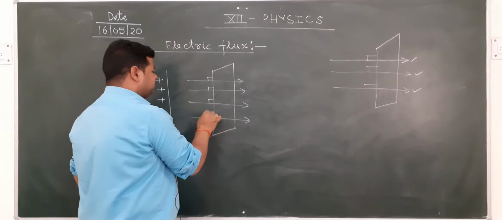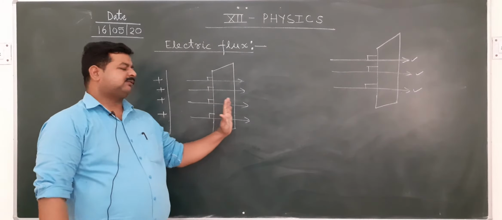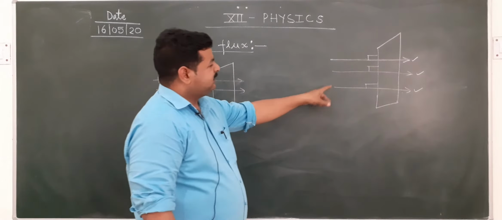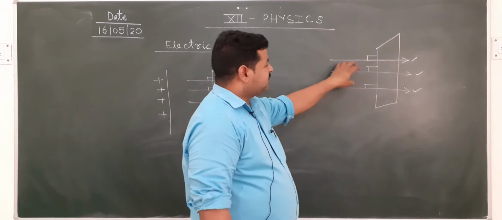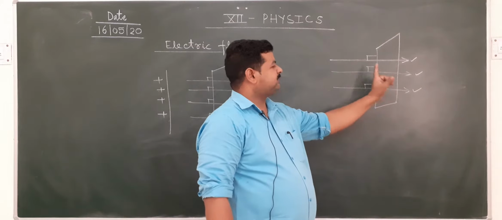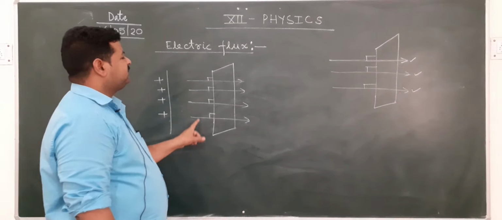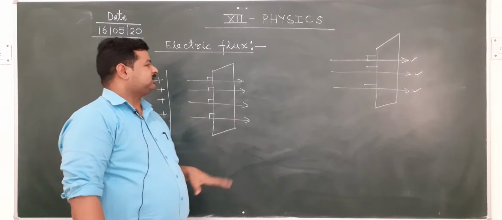So here the number of electric field lines passing normally through the surface. Here the water passes normally through a surface, and this is known as water flux. Here the number of electric field lines passing normally through any surface is known as electric flux.